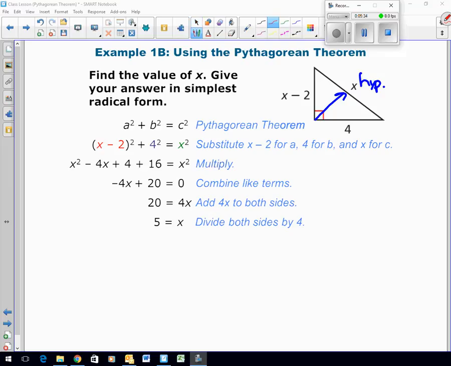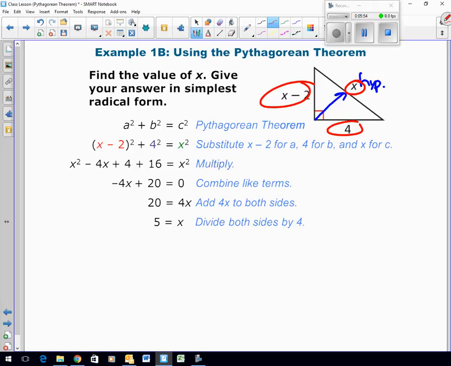All right, so this helps me out. This tells me that x is going to stand by itself on the right side of my equation. x minus 2 and 4 are the legs. So we will have to write x minus 2 squared plus 4 squared equals x squared.